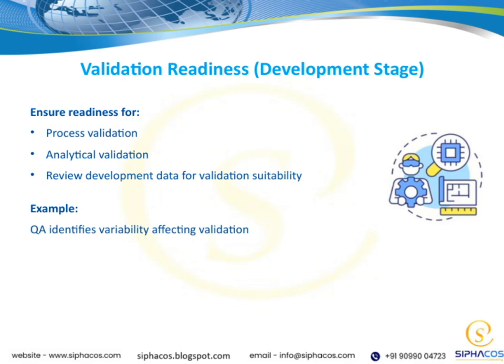Additionally, we should thoroughly review all development data to assess whether it's suitable for validation purposes. This helps us identify any gaps or variability that could impact the validation process. By addressing these areas early, we set a solid foundation for successful validation, ultimately supporting the quality and compliance of our product.